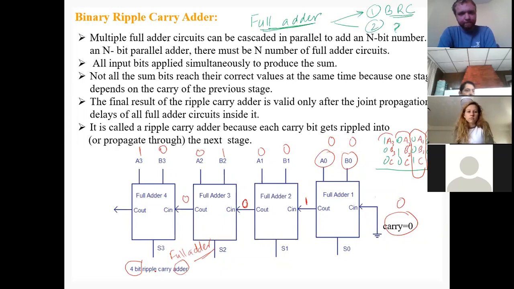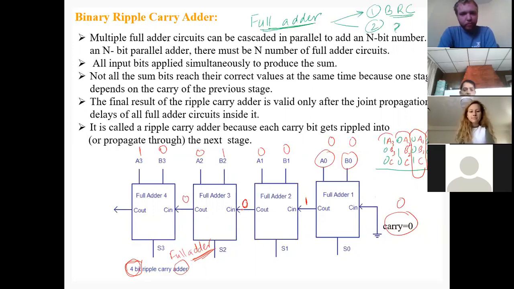This partially answers Bridges' question also. Yes, he asked one question yesterday in the lab about the ripple thing. So 4-bit ripple carry adder, right? So I call this 4-bit full adder, right? Are you convinced with that? There is no doubt this is a 4-bit full adder, right?